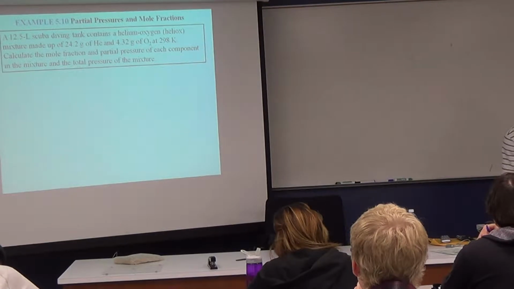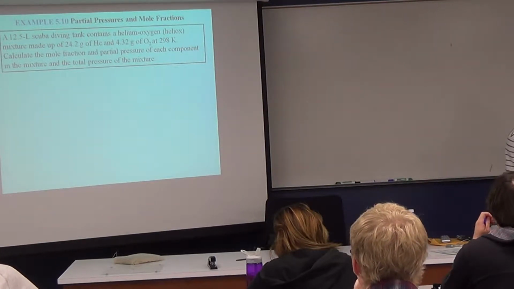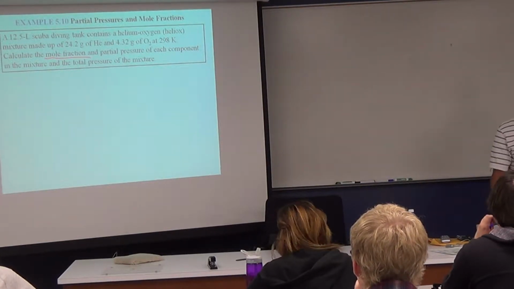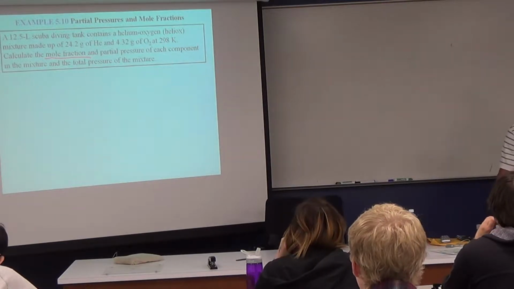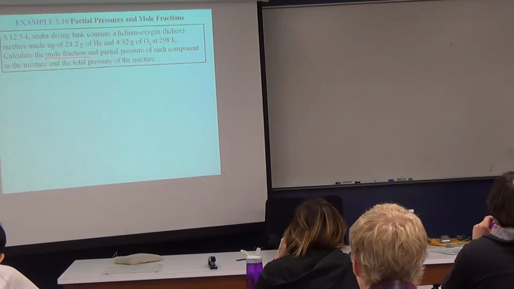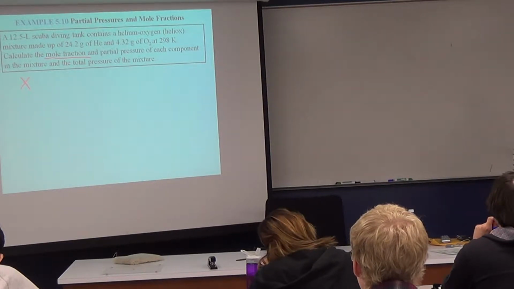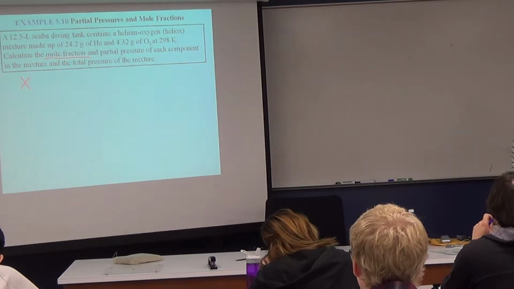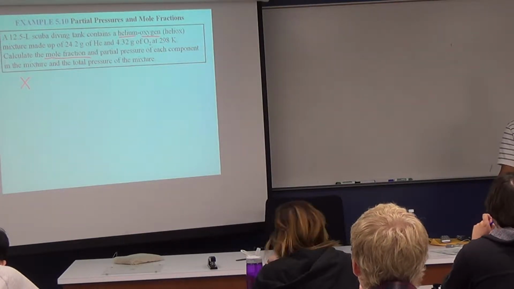Let's first solve the problem of finding the mole fraction. Alright, mole fraction, again called x. We have these two gases, a helium oxygen mixture, so we have two components.